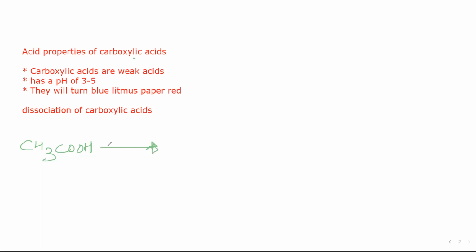That is 2 carbons, so it's ethanoic acid. And then what will it dissociate to? The negative ion is CH3COO minus plus H plus. And what is this ion? Ethanoate ion, and this is hydrogen ion. If it's another example, I'll just take it.